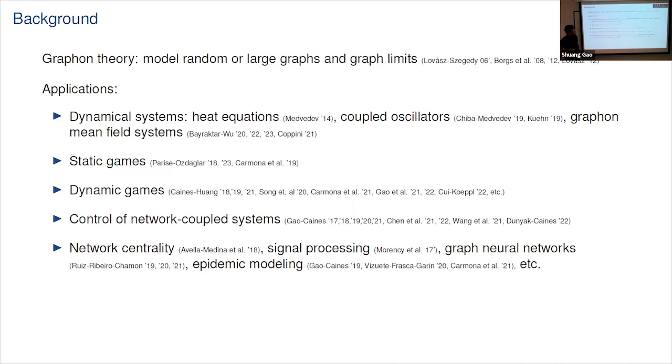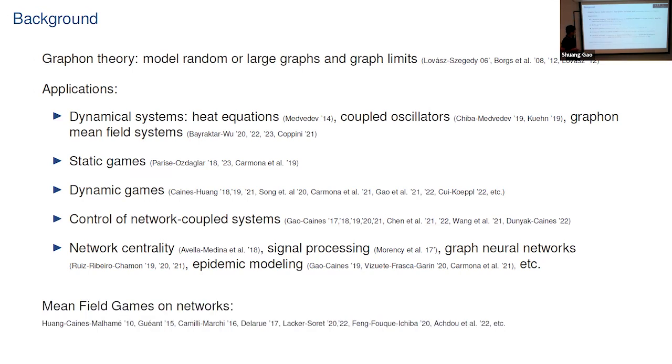People have been using graphon to look at static network games where the network is very large, and at dynamic games, in particular the work on graphon mean field games initiated by Shuang Gao. It is also used for the control of network coupled dynamical systems, network centralities, signal processing, graph neural networks, and epidemic models.